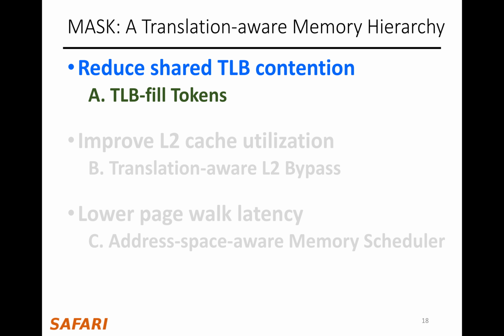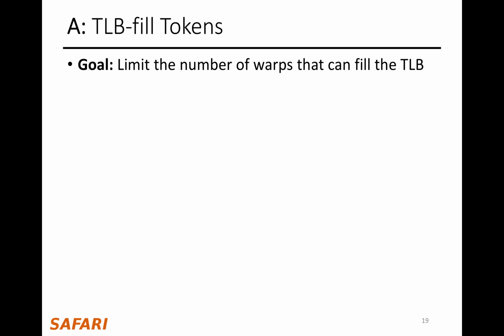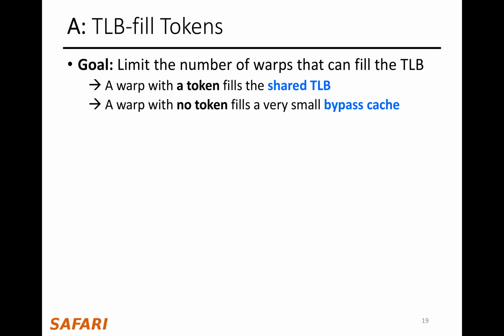I'm now going to explain the first component, which is called the TLB-fill tokens, which is designed to reduce the shared TLB contention. The goal of the TLB-fill tokens is to hand out tokens to warps that are executing on a GPU in order to limit the number of warps that can fill into the shared TLB. A warp with a token can fill into the shared TLB, but a warp with no tokens will fill into a separate bypass cache.